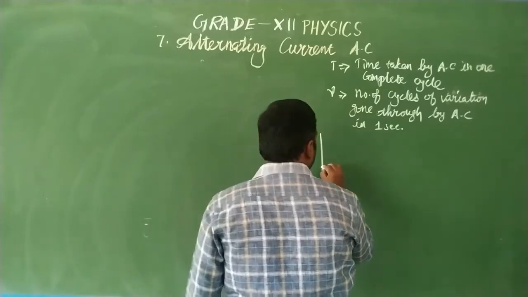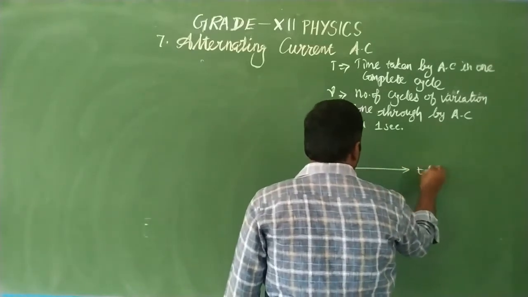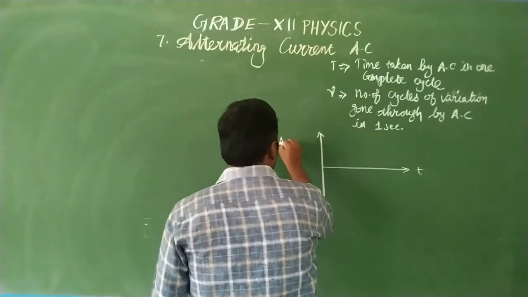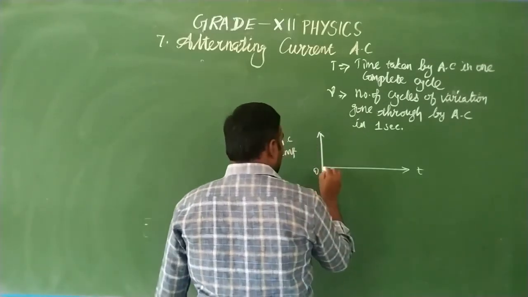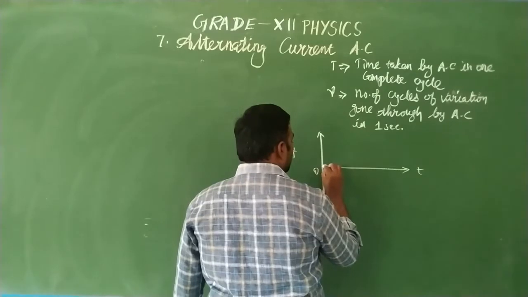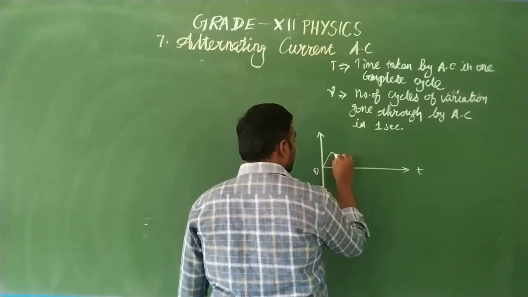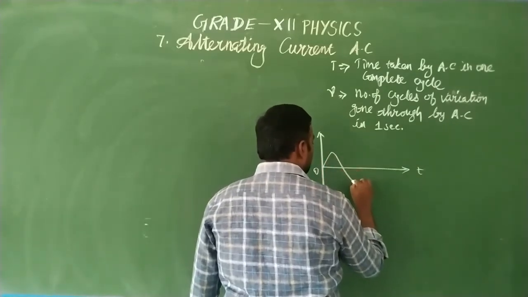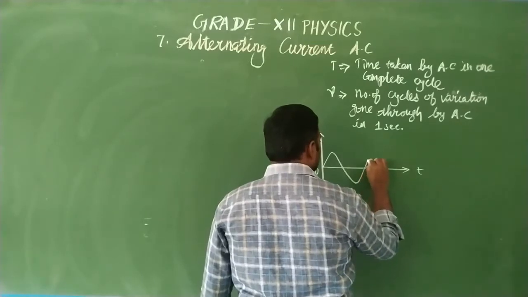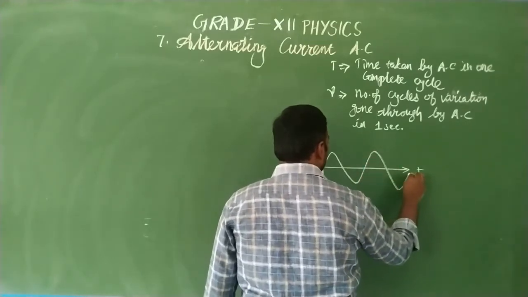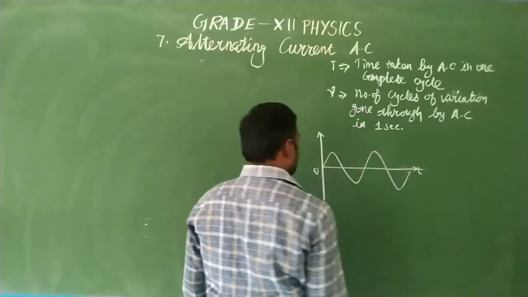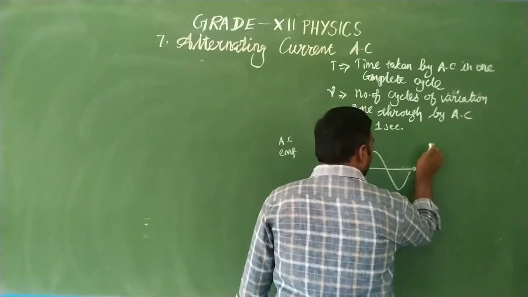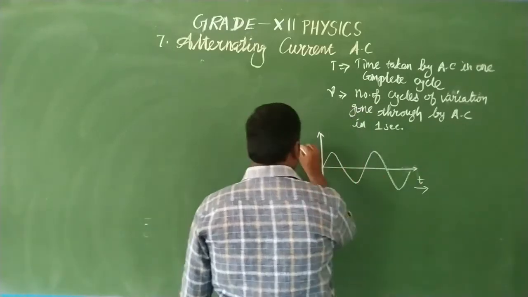This graph is plotted between the time taken and EMF of AC. So it begins from 0 and reaches the maximum amplitude. Again it reverses the path and the negativity increases followed by this. So this is how the AC is represented.